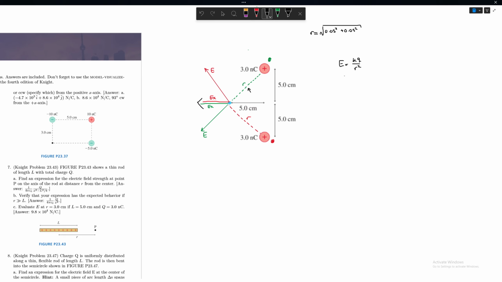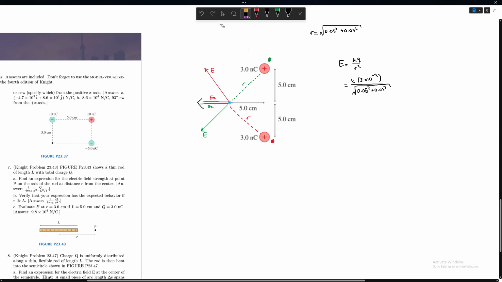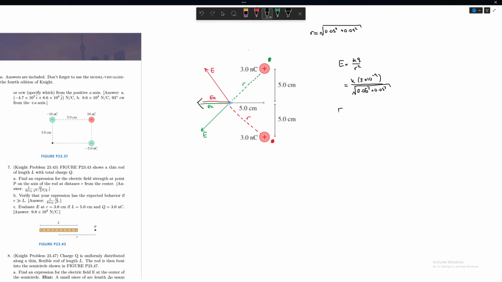Okay. Now, plugging that in, k is a constant. My q is 3 times 10 to the negative 9 all over my r, which is the square root of 0.05 squared plus 0.05 squared. And this will give you your electric field. Remember, this is the electric field. What I'll have to do is get my x.